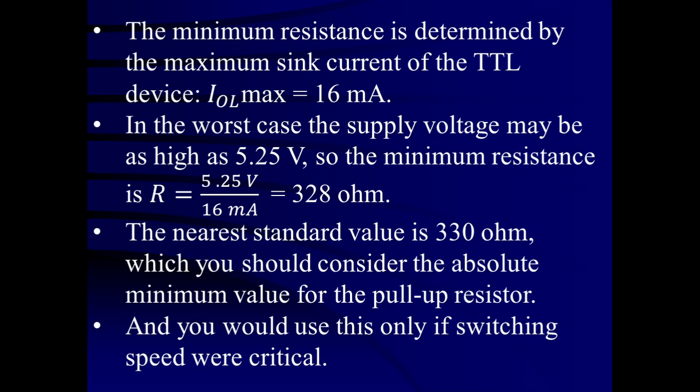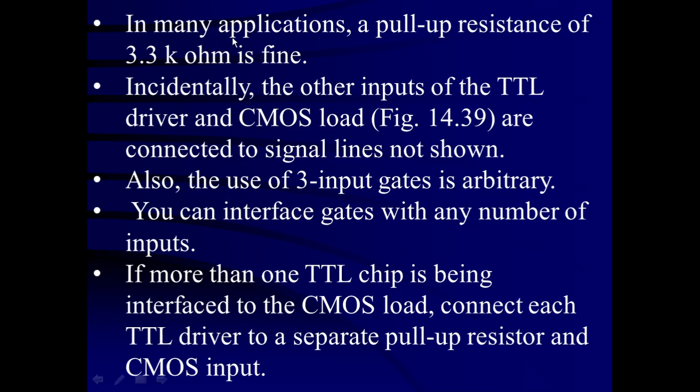Only when speed of operation is very important do you reduce the resistance from 3.3 k ohms. Otherwise, 3.3 k ohms is typical. In many applications, a pull-up resistance of 3.3 kilo ohms is fine.